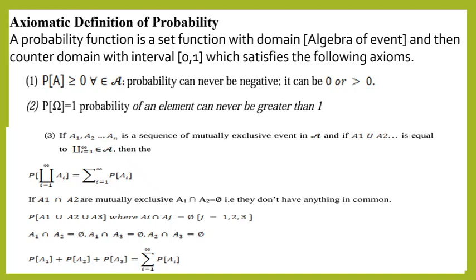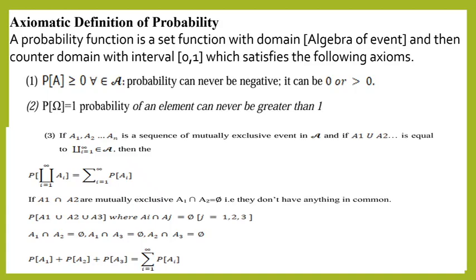Another difference is every outcome that can possibly happen is included in the sample space, while an event includes one or more outcomes that are of interest.